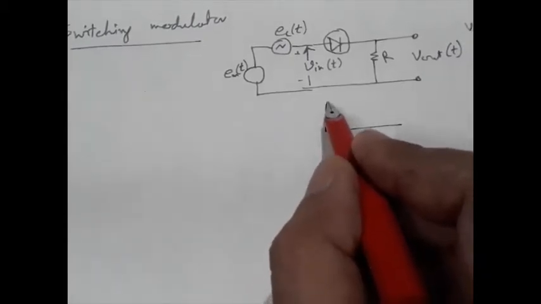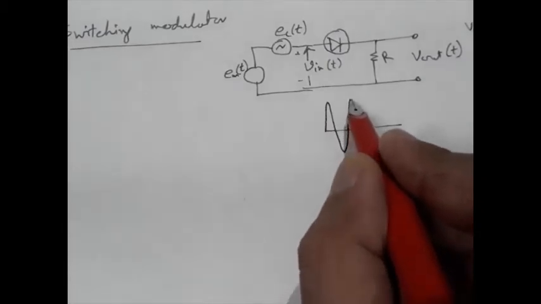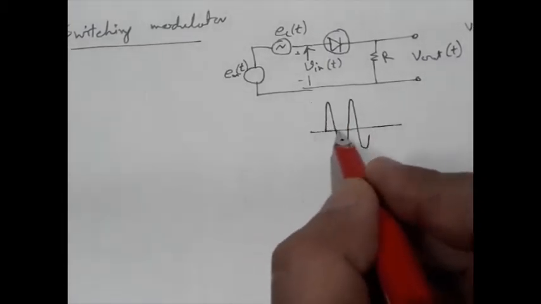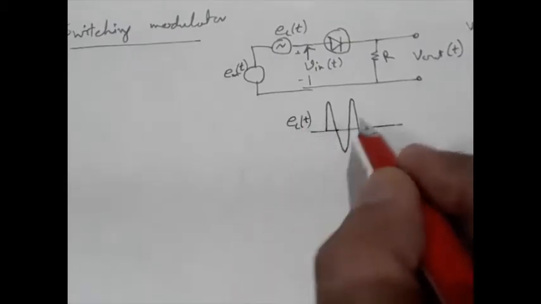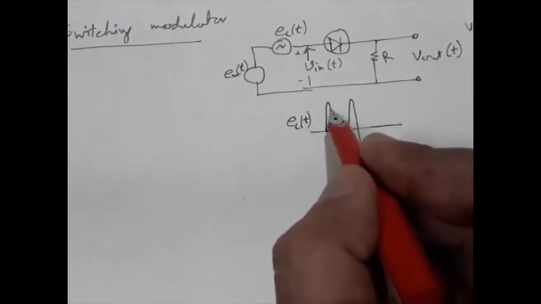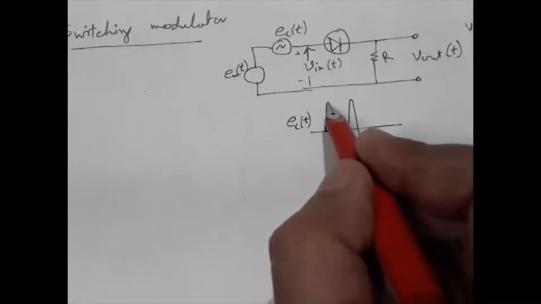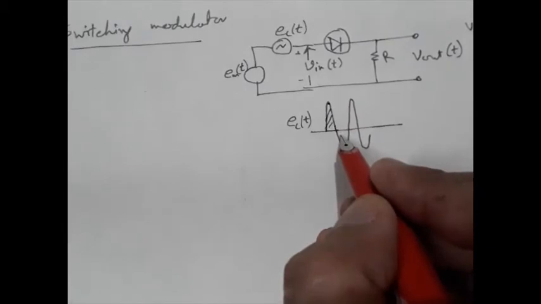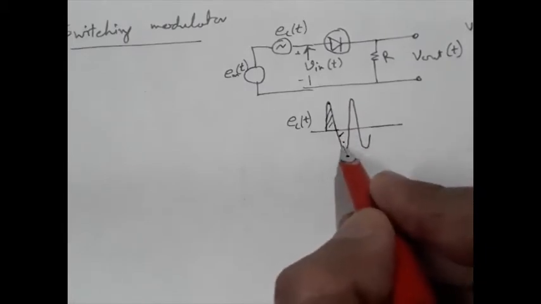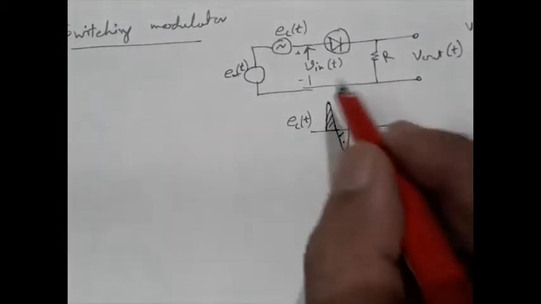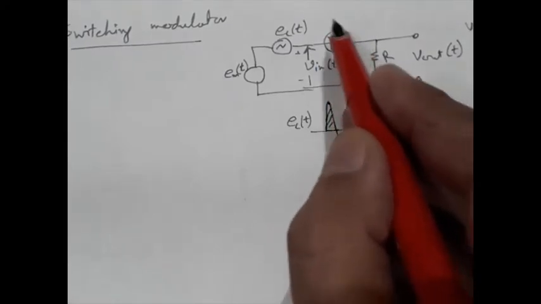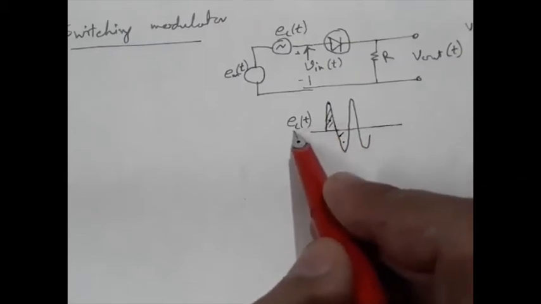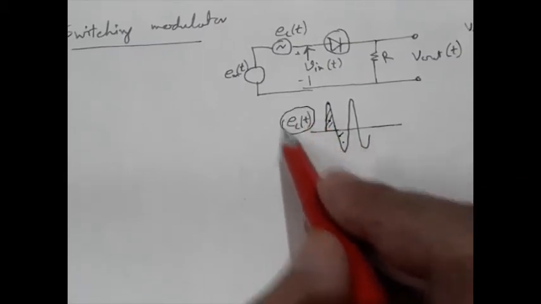If this is the carrier, then during this positive half cycle, the diode will remain forward biased, and during this negative half cycle, the diode will remain reverse biased. That means the diode is actually operating just like a switch, and that switch is controlled by this carrier signal.